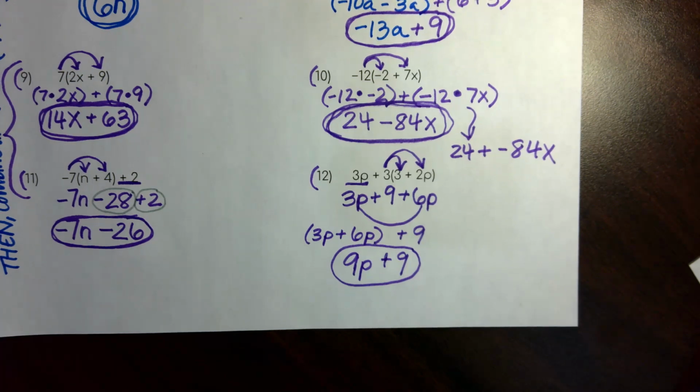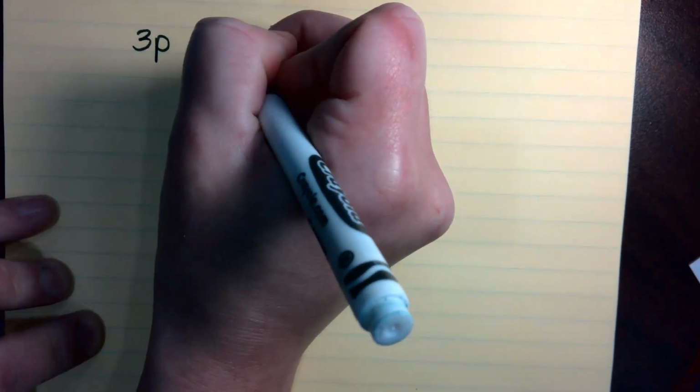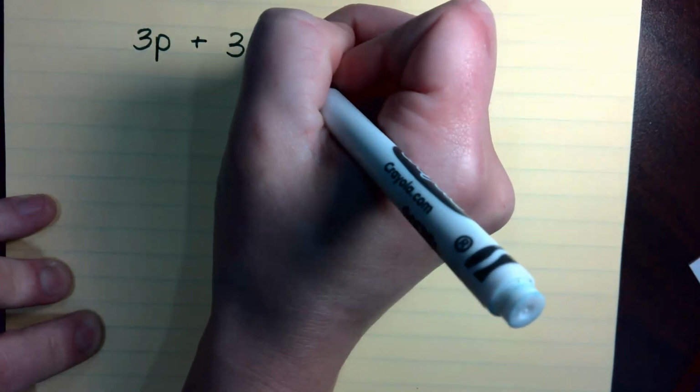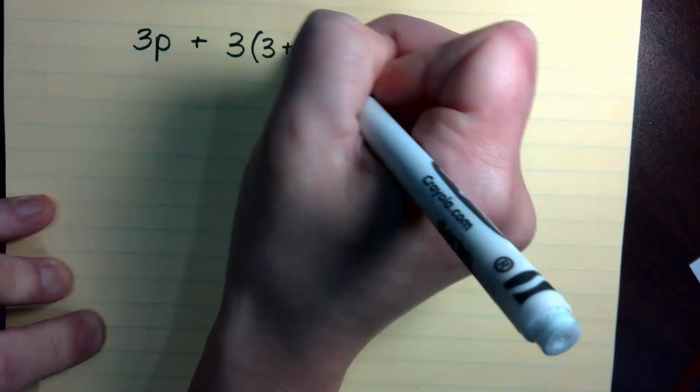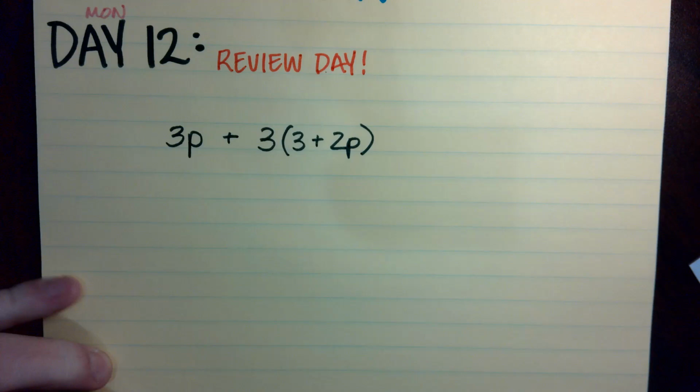Let me break that problem down for you a little further so it makes more sense. Okay, so if anybody was confused, I'm going to rewrite it and do it a little bit more slowly. So our question was 3p plus 3 times 3 plus 2p.